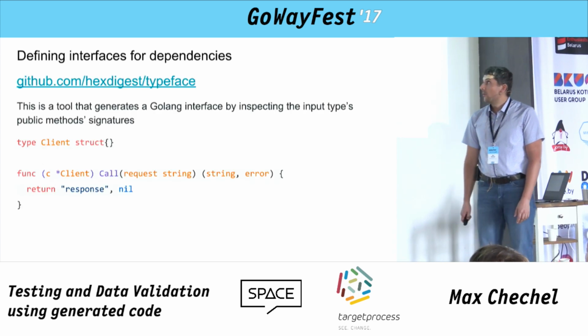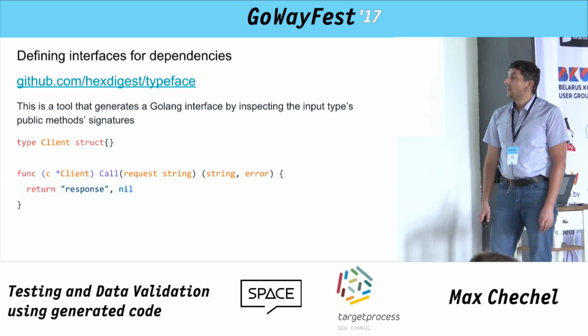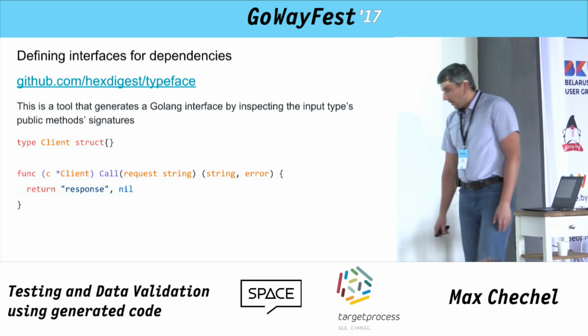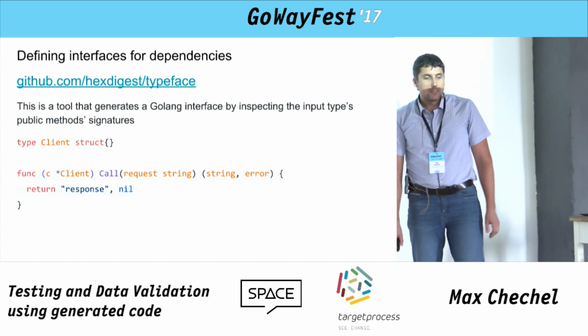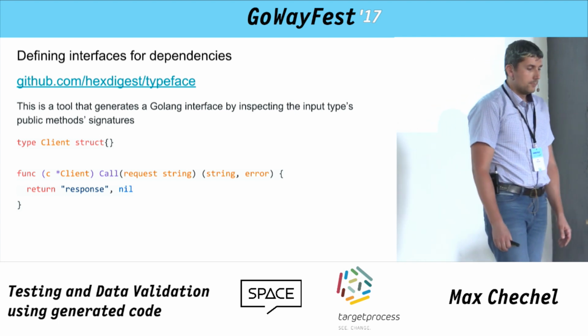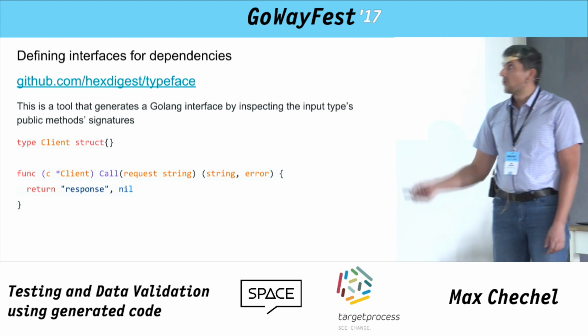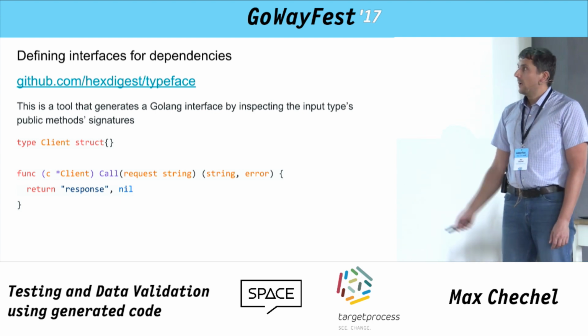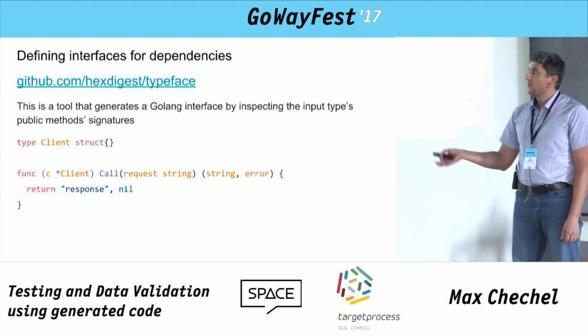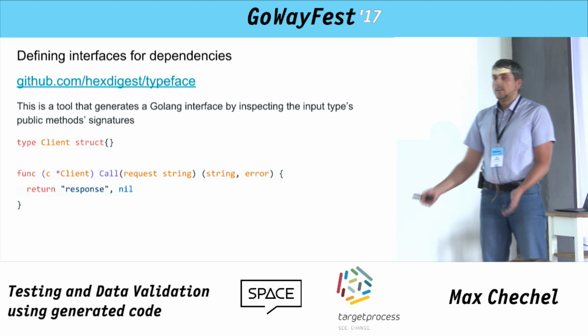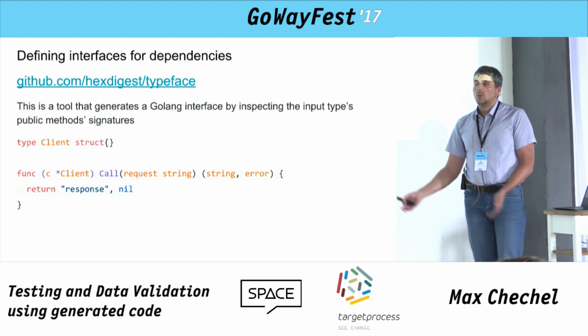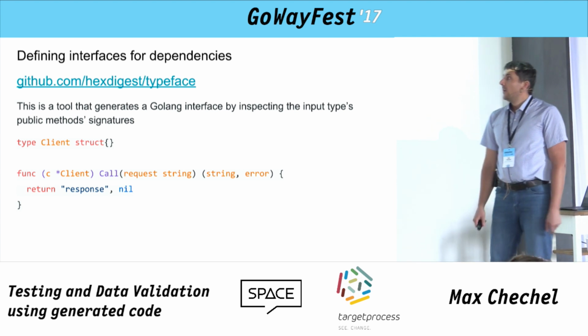Let's start with defining interfaces for the dependencies. Typically, when you're integrating with some third-party service or a package, you have a struct, and there are a few public methods on the struct that represent the API of this package or third-party service.